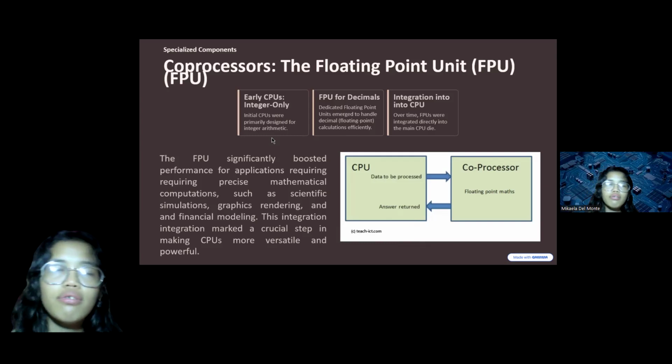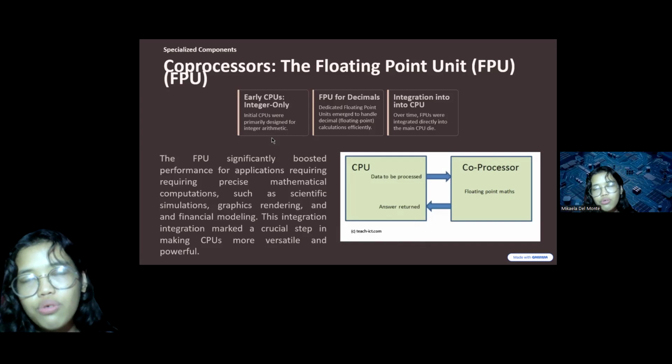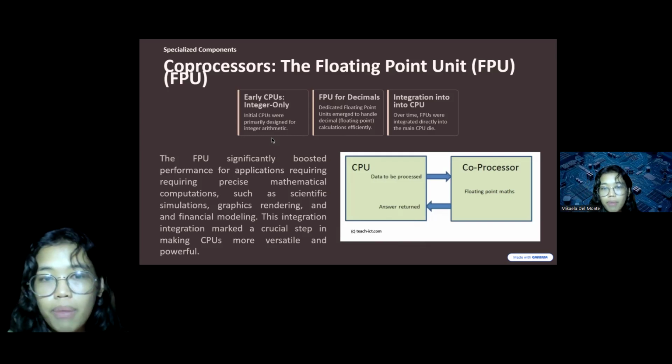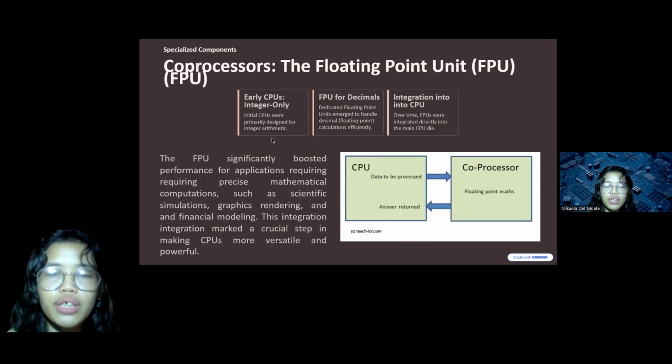If you calculate 4.5 plus 2, it results in 6.5. So basically, it is used for decimal operations. Modern CPUs also support multitasking, so we're going to talk about that in the next slide.